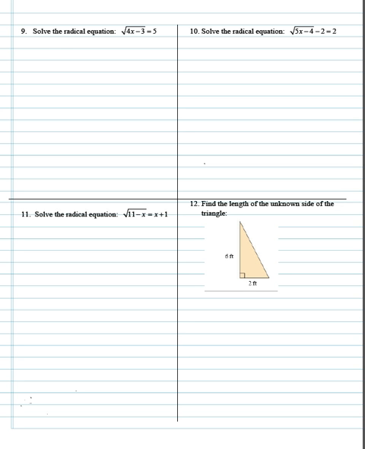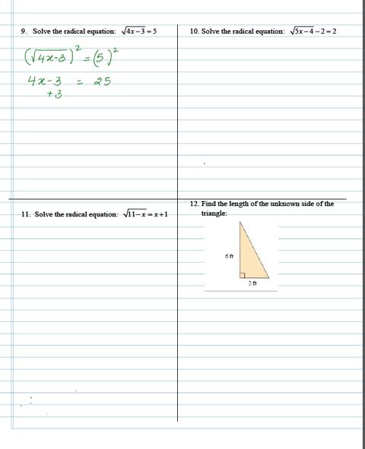Solve the radical equation. Square root of 4x minus 3 is equal to 5. To solve the radical equation, first I'm going to square on both sides so it can be radical free. So now I have 4x minus 3 on this side and 25, because when you square a radical, you get rid of it.